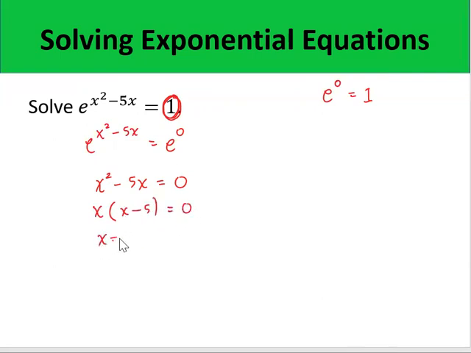So equating both factors to 0, we have x is equal to 0 and x minus 5 is equal to 0. So this means that when we transpose negative 5 to the other side, we get x is equal to 5. So the solutions are x equals 0 and x is equal to 5.